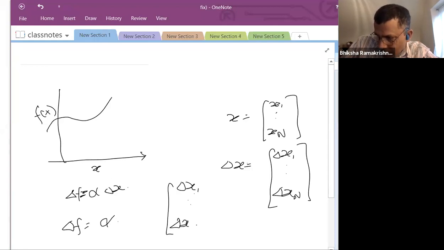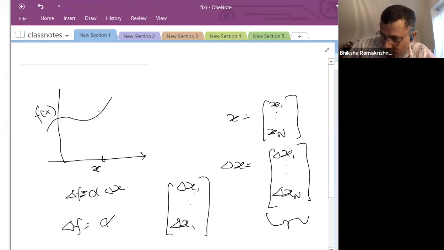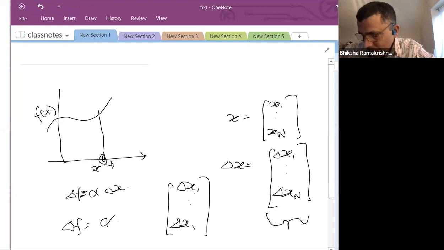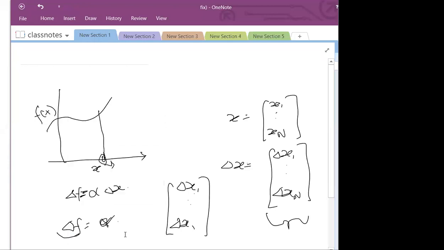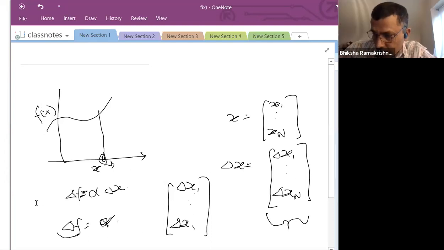So this represents a small increment in x. You're trying to say, I have this small positive increment in x in every direction. And what is the corresponding change in f going to be like? So now f is a scalar. So what's delta f going to be? Also a scalar. Okay, now look at this equation. Tell me what is the shape of alpha?